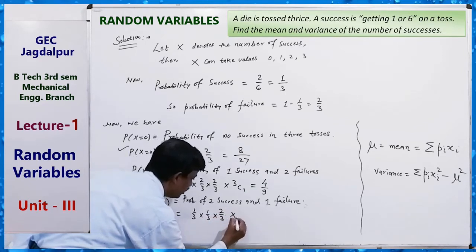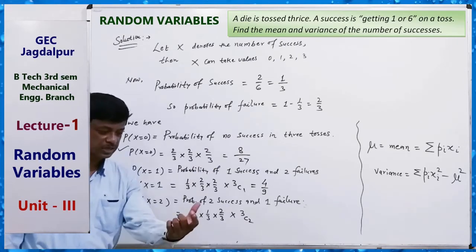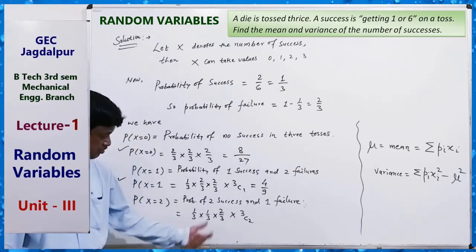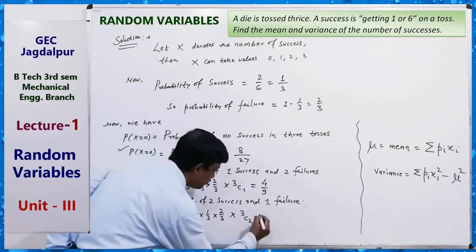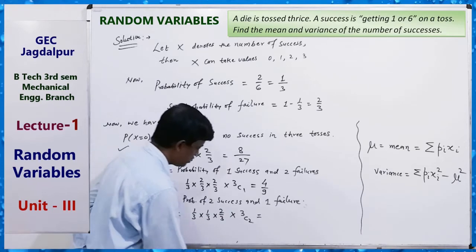This can also be multiplied by 3C2, because two successes can be chosen from 3 in this way. 3C2 is also 3, the 3 cancels, and we get 2 by 9.